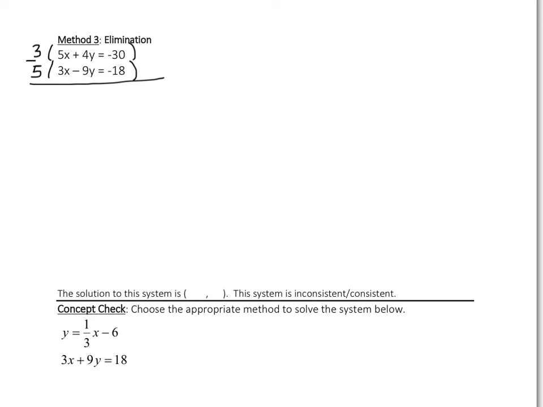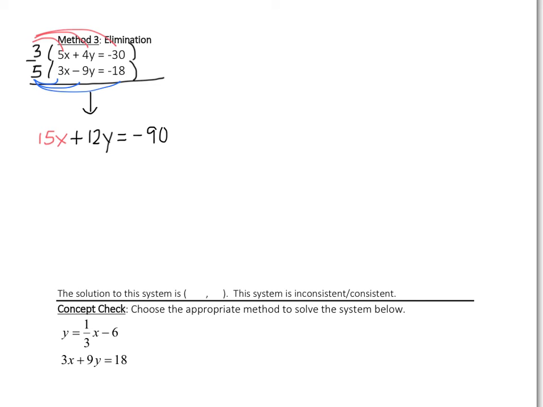Okay, so we're going to rewrite the top equation by distributing out this 3 into all of the pieces. So 3 times 5x is 15x. 3 times 4y is 12y. And then 3 times -30 is -90. Okay, now we're going to distribute this -5 into all 3 pieces.